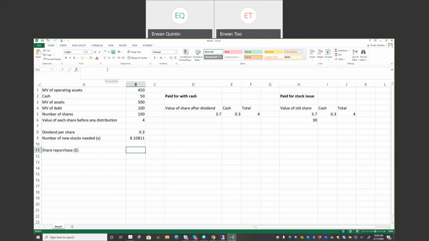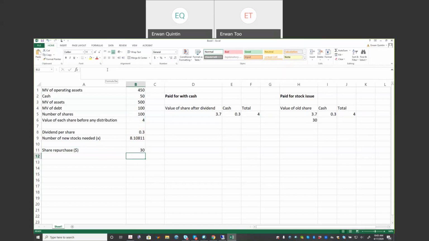So let's assume that we do a share buyback, which is exactly equivalent to the cash transfer I'm making to my shareholders under the dividend policy. So what do I mean by this? We're going to buy back the same as what I'm spending on my dividends, which is 100 times the dividend per share of 30 cents. So that's $30.